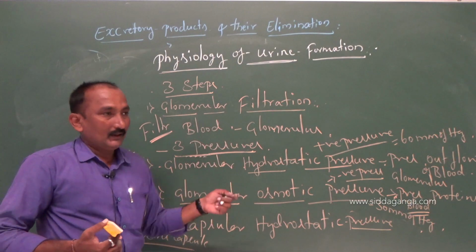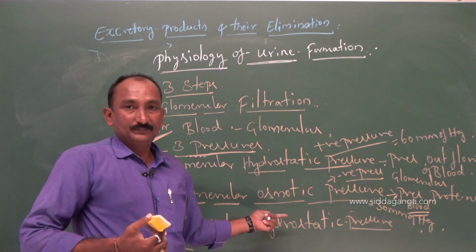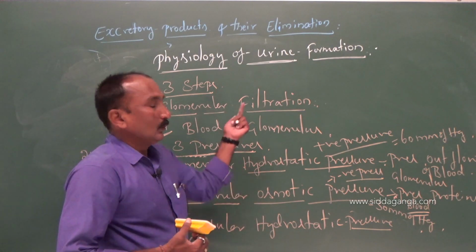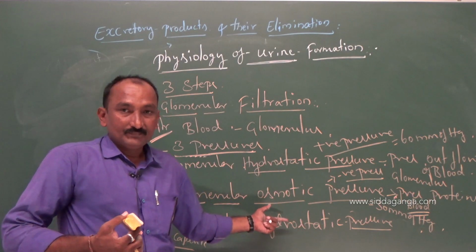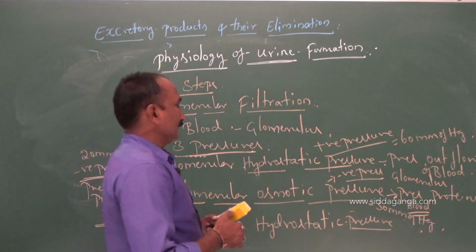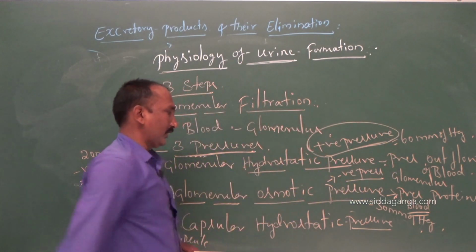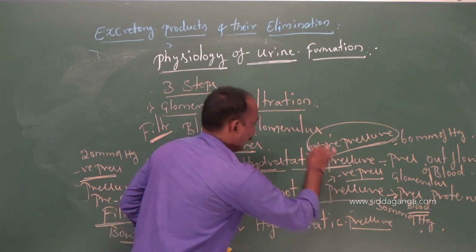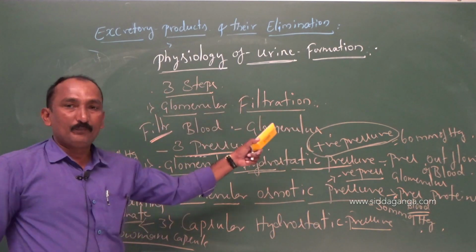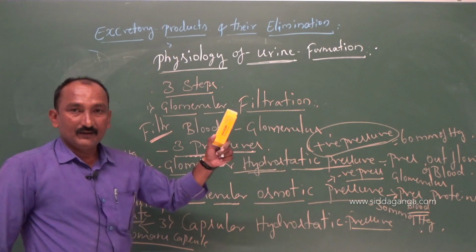You must observe that out of these three pressures, only one supports the filtration, that is, the positive pressure. Only the glomerular hydrostatic pressure is the positive pressure because it supports the filtration.